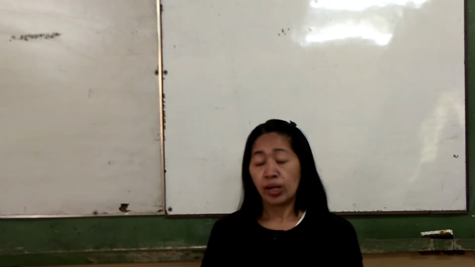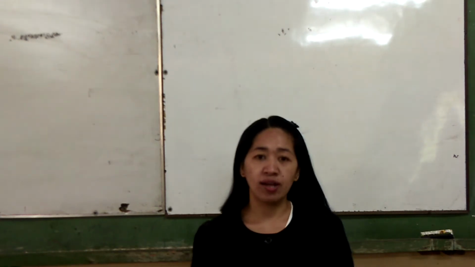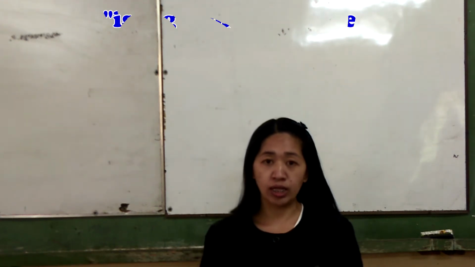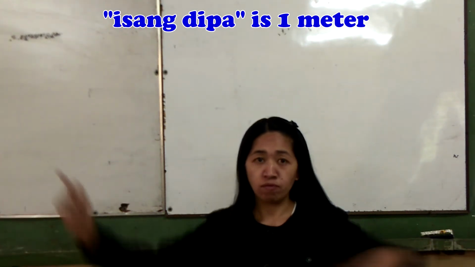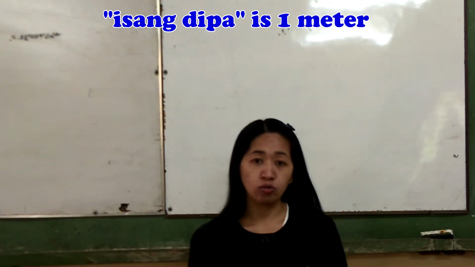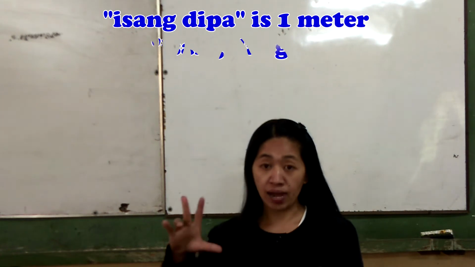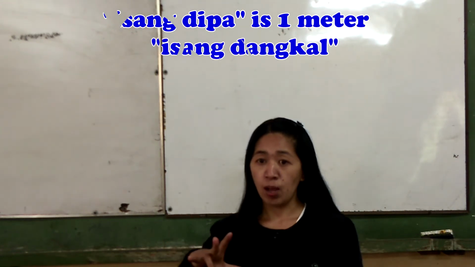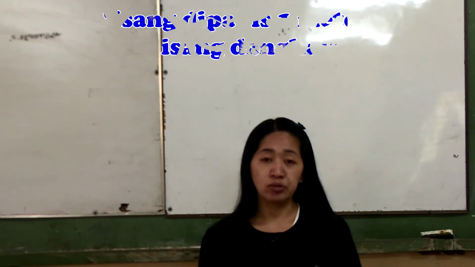So they used their hands, their arms, their body, their feet or sticks in measuring something. That's why you always hear their terms, isang dipa. Isang dipa for them, they estimated as 1 meter, isang dangkal, and other measurements that they used before.